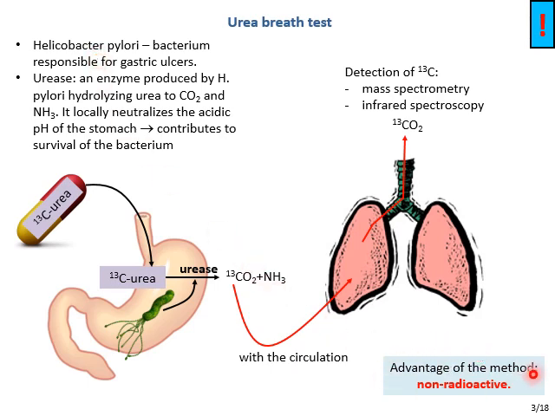So the advantage, as you can see in the lower right corner of the figure of this method, is that it is non-radioactive. So the patient is not exposed to any kind of ionizing radiation.